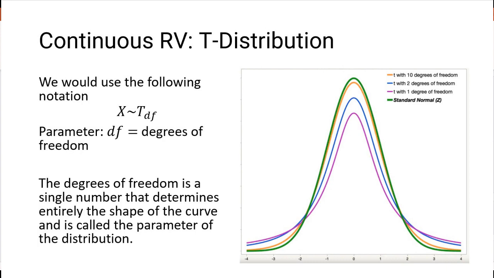And the purple one is t with 1 degree of freedom, and the other green one is actually our standard normal distribution. And we're going to say as t gets larger and larger, its shape approaches the standard normal distribution.